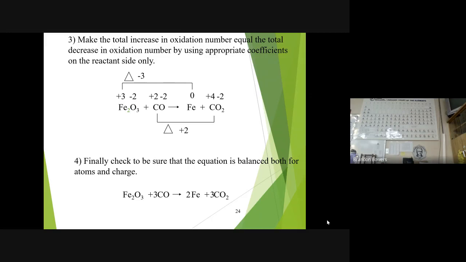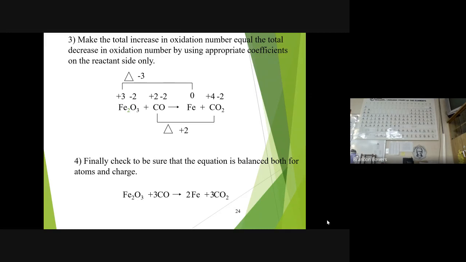Okay, so we said iron loses 3. Is that correct? That loses 3. We said carbon goes from 2 to a 4. That gains 2, right? But if we look right now, I have 2 irons right there, correct? So instead of losing 3, how much does this one lose right here? I have 2 of them. It loses 6, right? So right now, this loses 6 electrons.